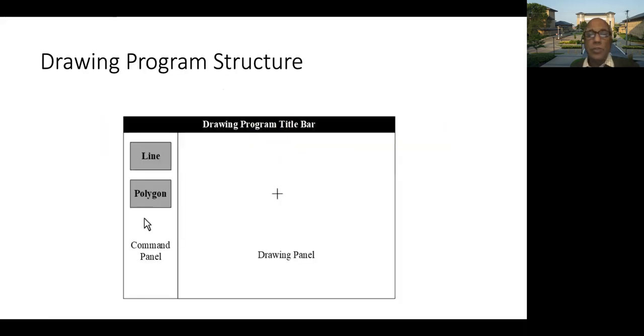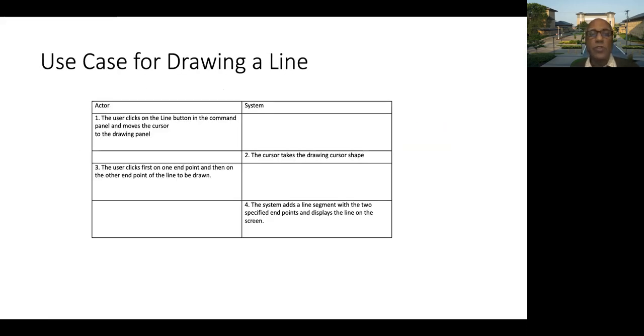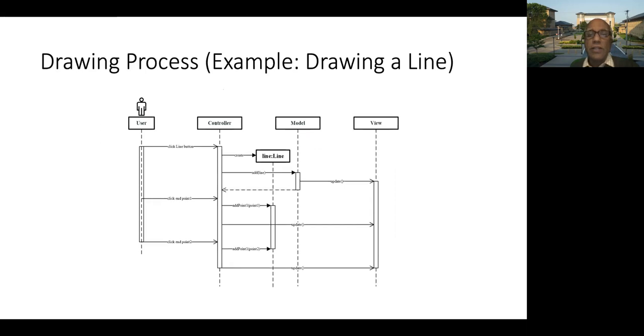Okay, the drawing program, we went through all this. We saw how to draw a line, and you can see that when the user issues the command to draw the line, it has to come to the controller somehow. The controller will create a line object and add that line to the model, and then one of the endpoints is specified.